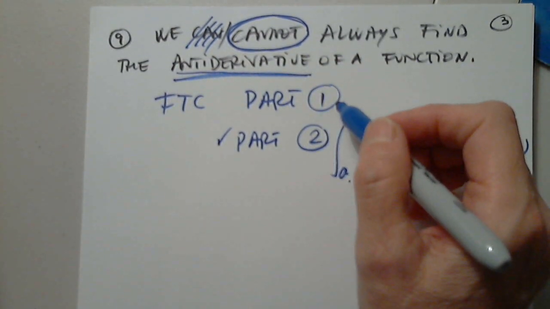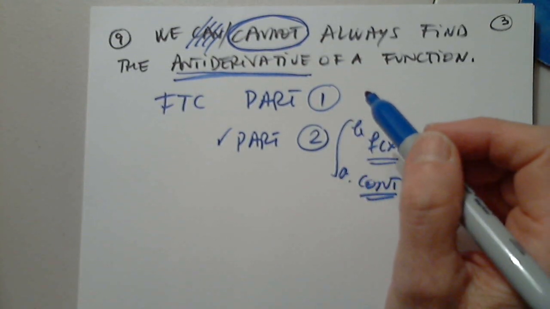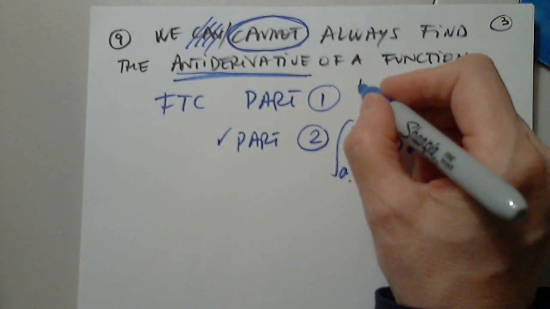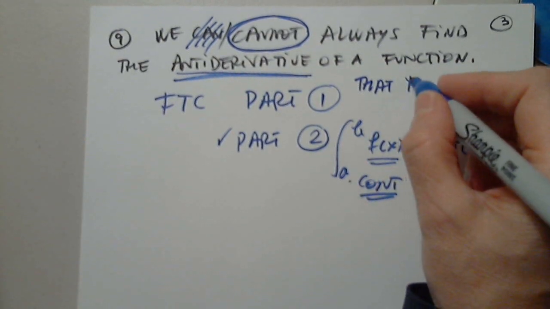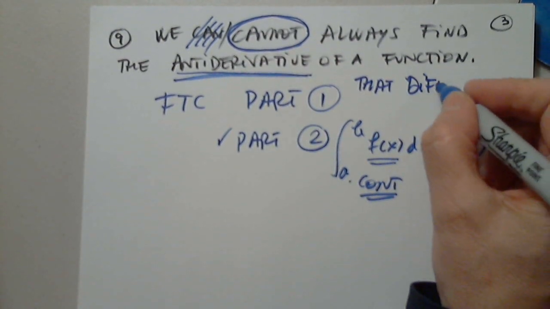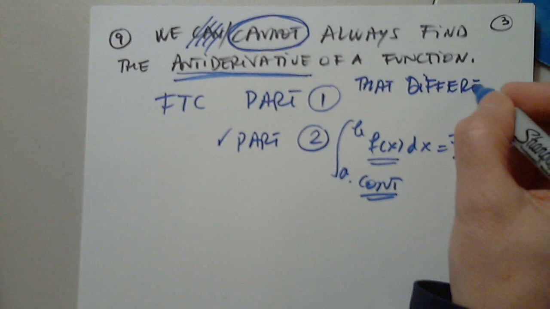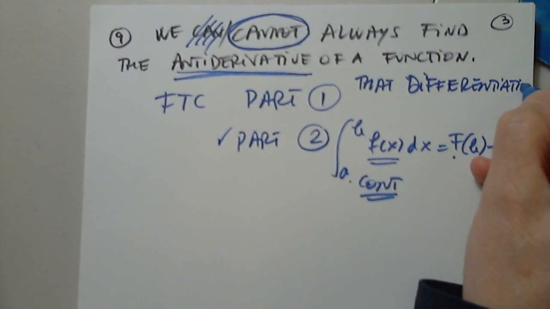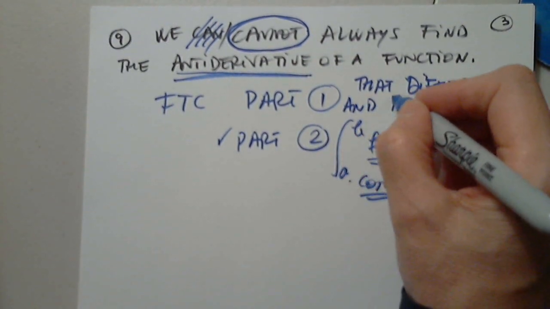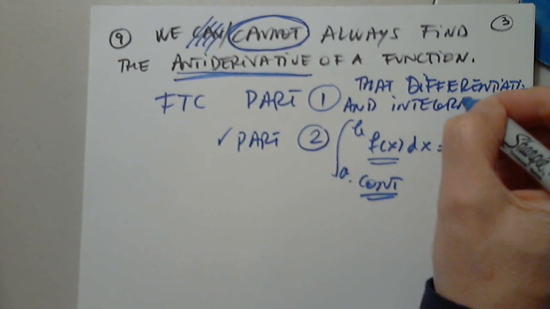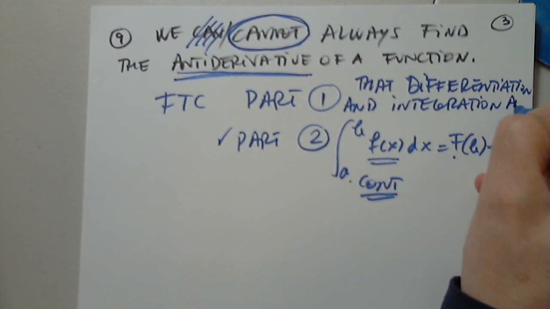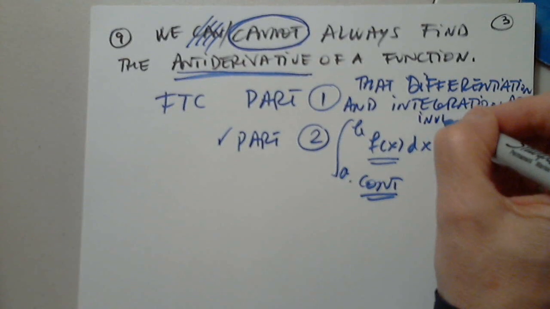Part 1 teaches us something else. What is it? That differentiation and integration are inverse operations.